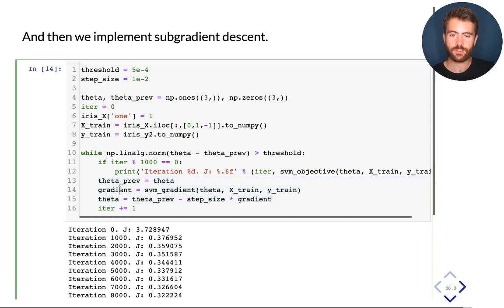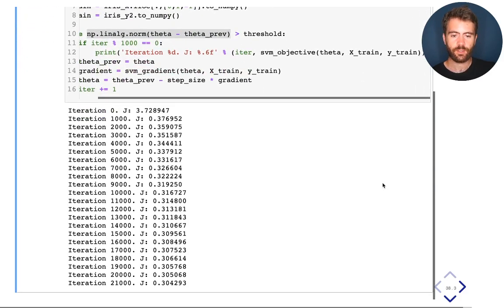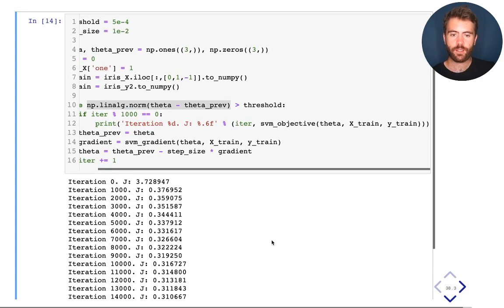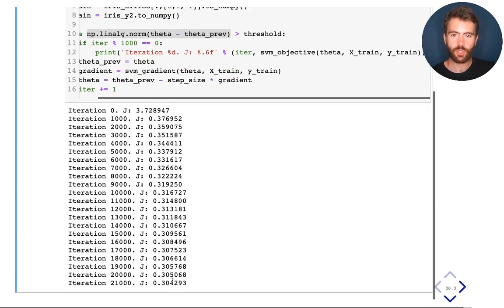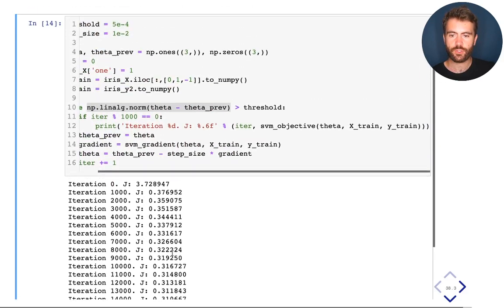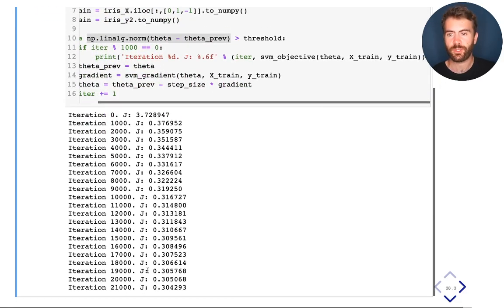We take the gradient and we take a small step in the direction of the gradient until our value for theta is no longer changing. Here it is taking roughly 21,000 iterations to converge, and this is the value of the regularized objective, so this is the loss plus the regularizer.